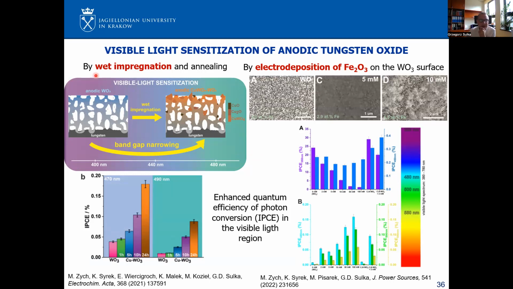We used wet impregnation with a transition metal oxide, and we tried to electrodeposit another semiconductor on top of them, which has not so broad a band gap. In both cases, we were successful, and we observed enhanced quantum efficiency of photon conversion in the visible light region, as you can see in those pictures.